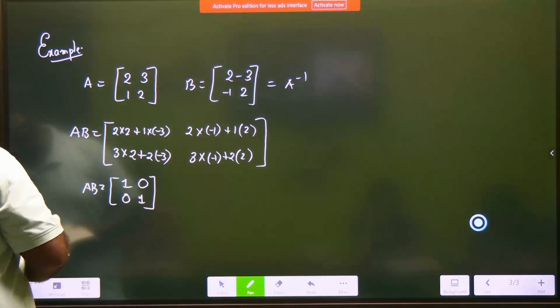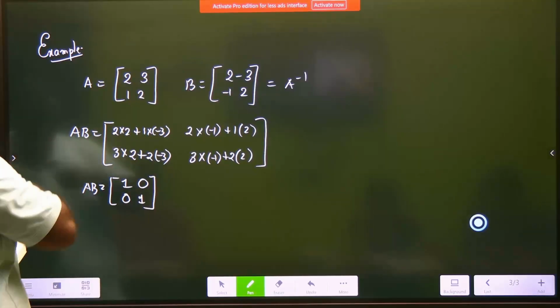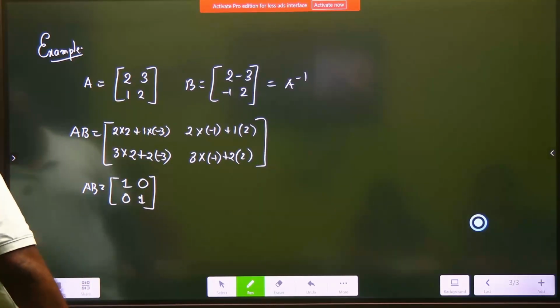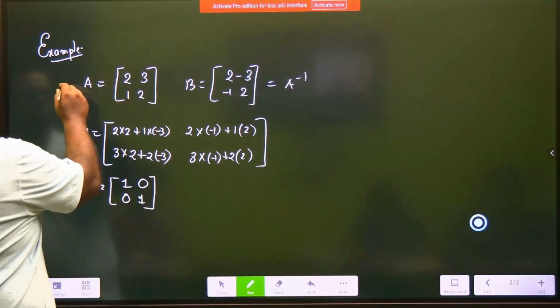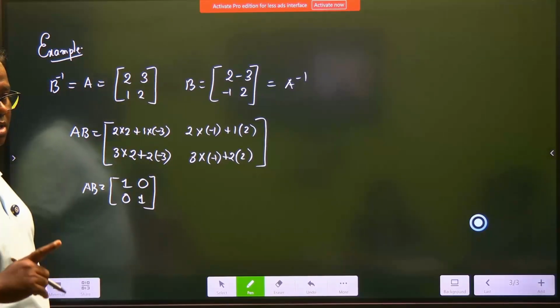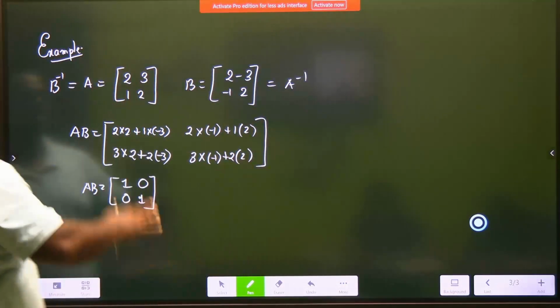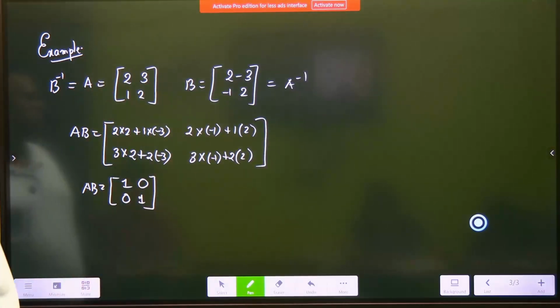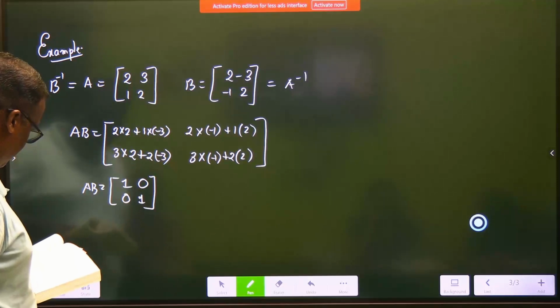For assertion reasoning, remember, rectangular matrices cannot give you an inverse matrix. Inverse matrix is always a square matrix, and if B is the inverse of A, then A is also the inverse of B. So A can also be written as B inverse. Have you understood this logic? B can be written as A inverse or A can be written as B inverse, because the product AB or BA, whatever you are doing, you are getting I.